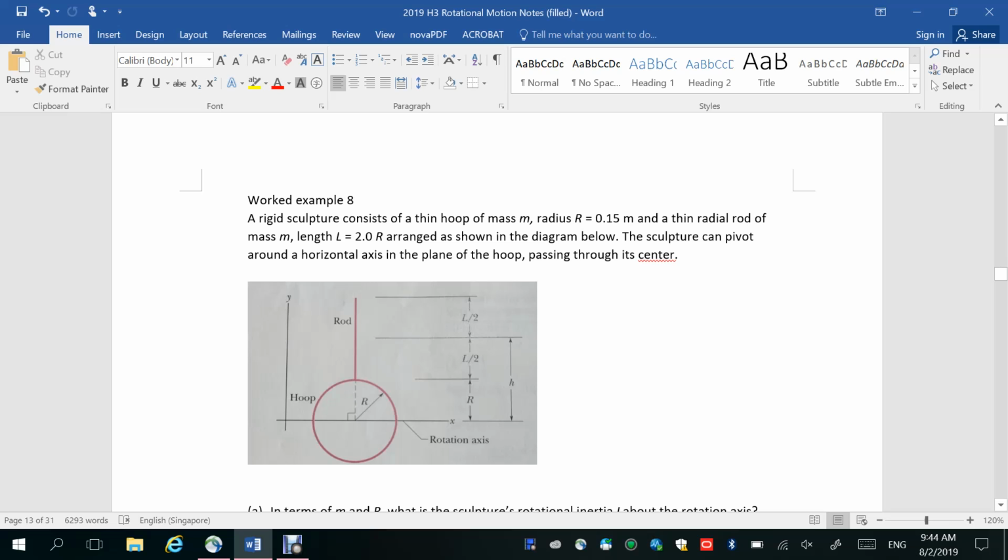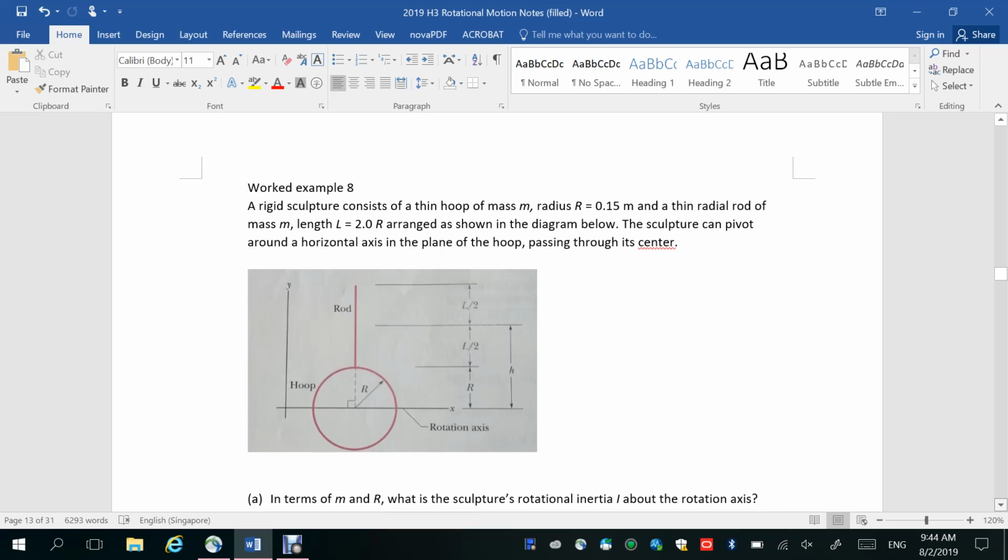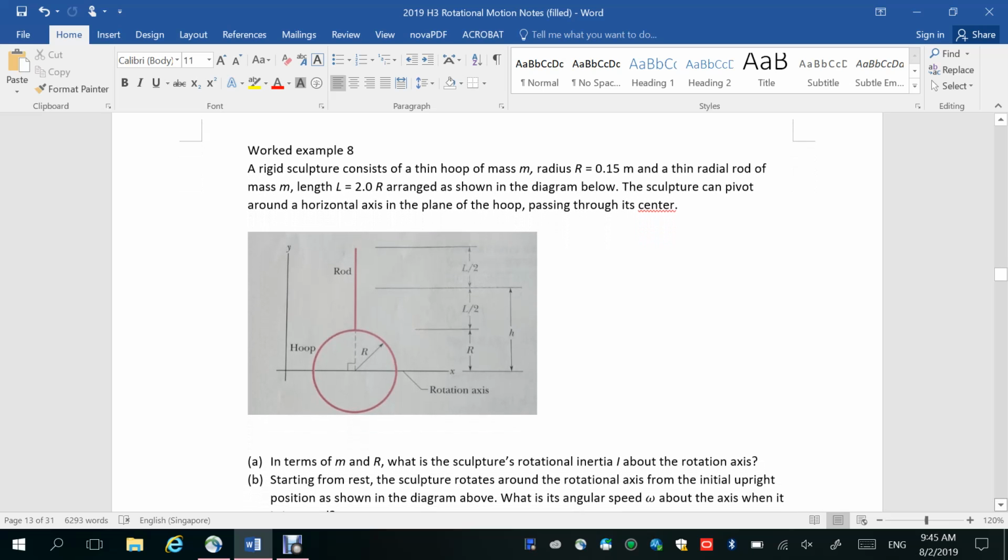So you are told that the sculpture can pivot around a horizontal axis. So this is the horizontal axis, so it will rotate this way now. And this horizontal axis passes through the center of the hook. So in part A, in terms of m and r, what is the sculpture's rotational inertia about the rotational axis?